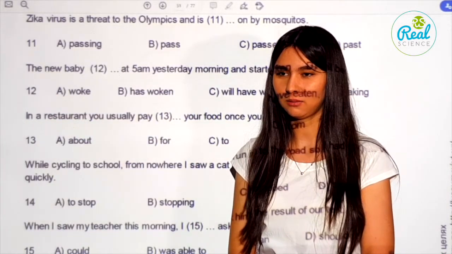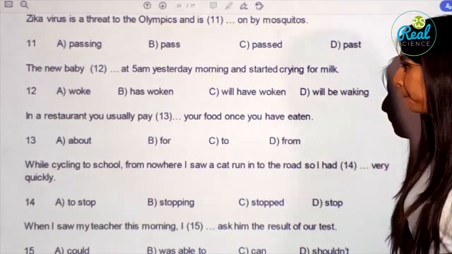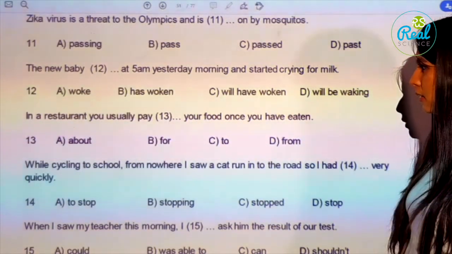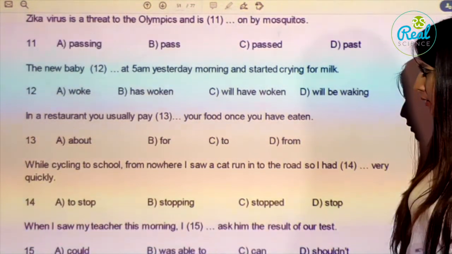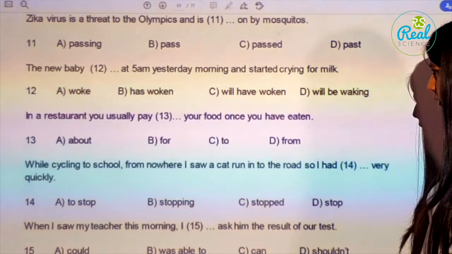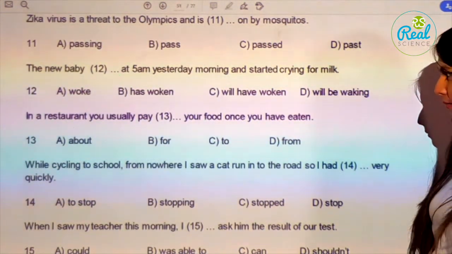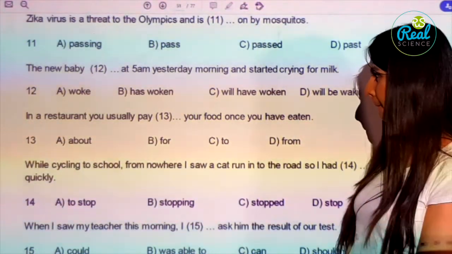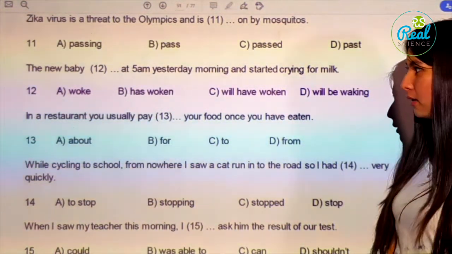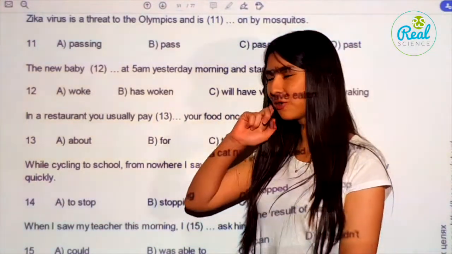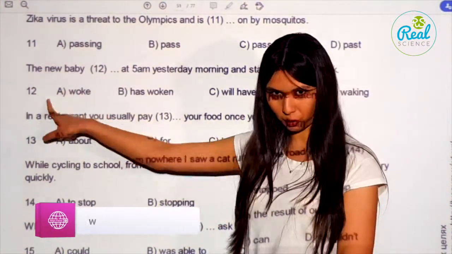12th, Jamshid. The new baby woke at 5 a.m. yesterday morning and started crying for milk. I think it's C1 because we have some time. Exact time. Yes, actually the correct answer is A1, woke, okay?